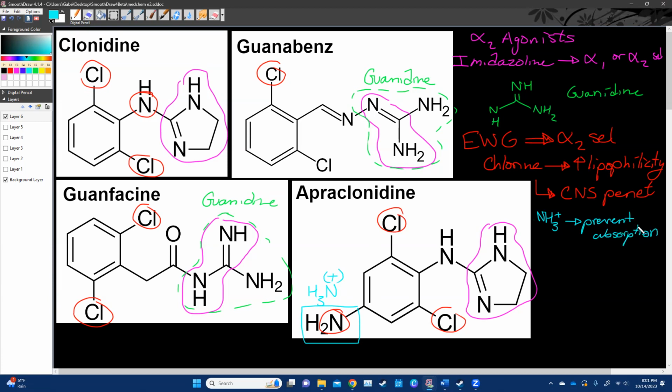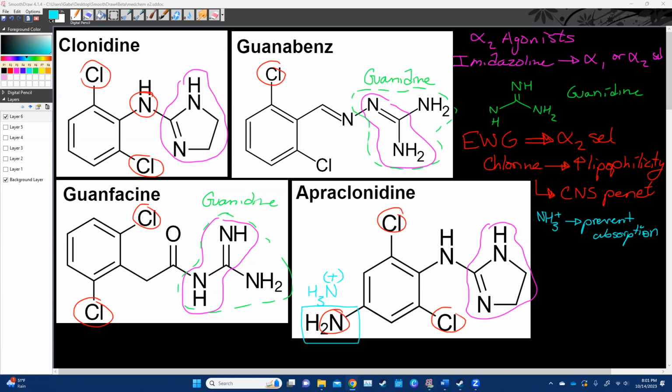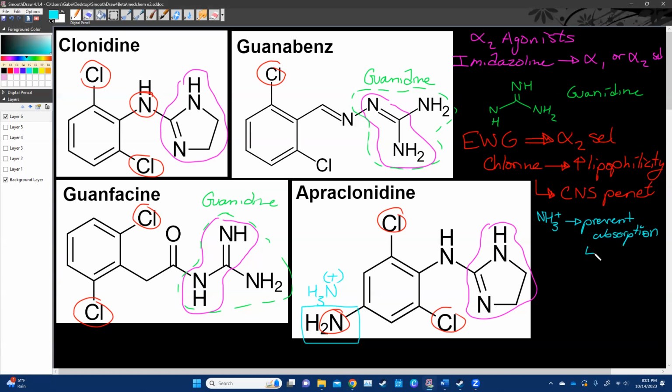Which, if you remember, where are we using apraclonidine? It has one very, very specific use. Very good guess. This is for glaucoma.